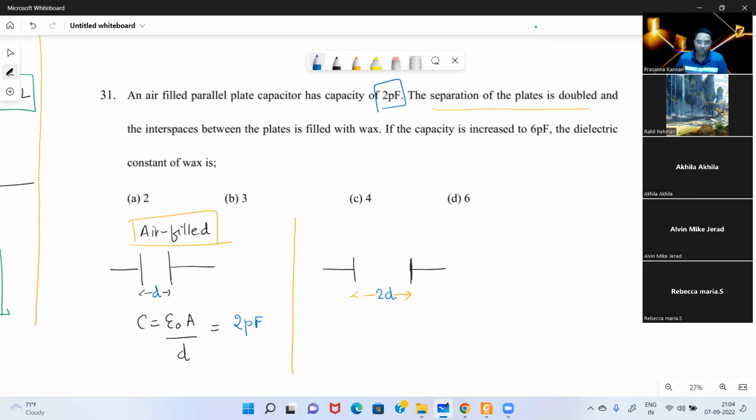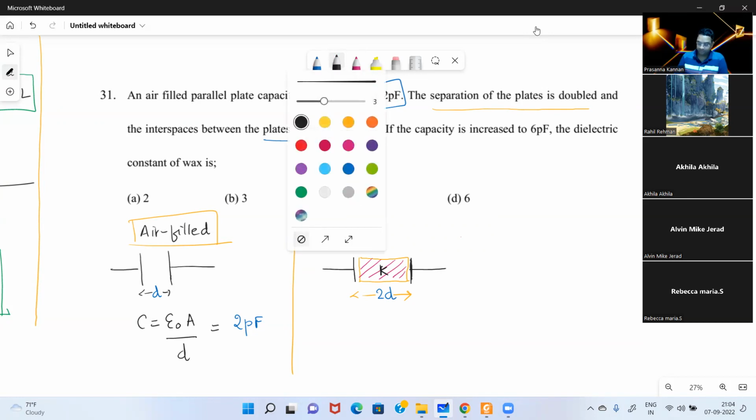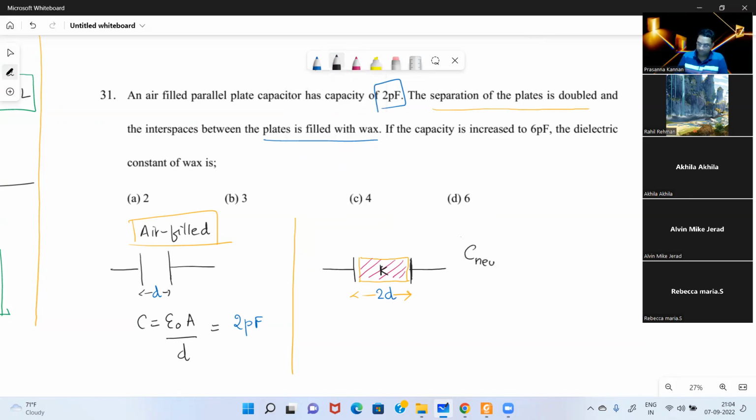Separation is doubled, so it becomes 2D. And the space between the plates is completely filled with wax, which is a dielectric material. We don't know the dielectric constant of this, and that's what we need to find out. The capacitance has now increased to 6 picofarad.